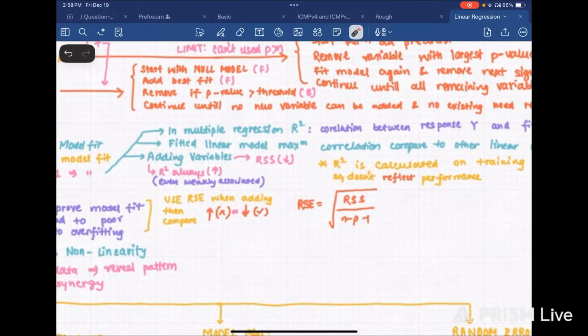So RSS decreases but R square always increases, even when weakly associated. Use RSS when adding and then comparing variables.